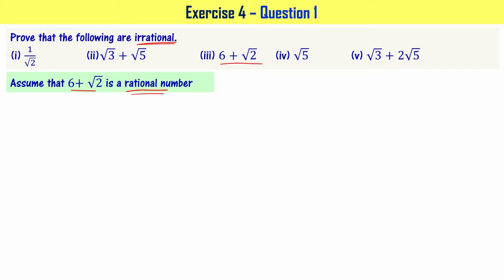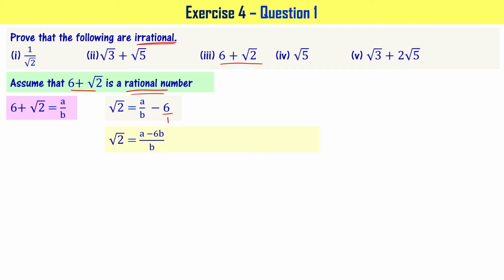Let me write those integers a and b so that I can write 6 plus root 2 as a by b, right? Let me rearrange this equation such that I can write root 2 equal to a by b minus 6, right? This equation can be further rearranged and written as root 2 equal to (a minus 6b) divided by b, right?